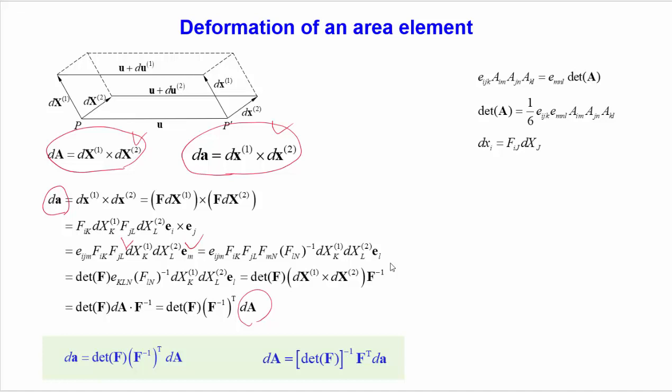We assume an identity matrix between F_iL and the X_1K in order to develop it further. Employing these relations and index notation of the cross product of two vectors, we can derive this relation between the two areas in the spatial and material coordinate systems, which is of great importance to explain the stresses for large deformation problems.